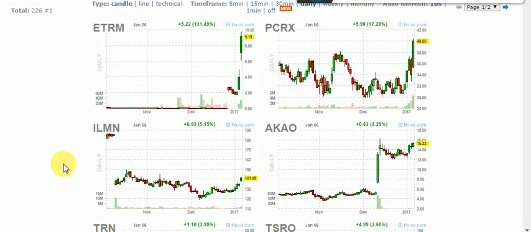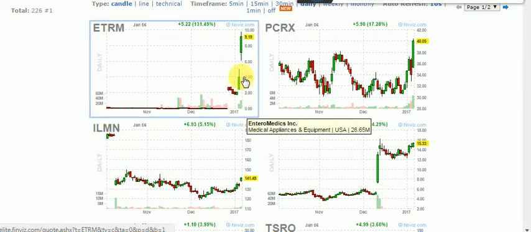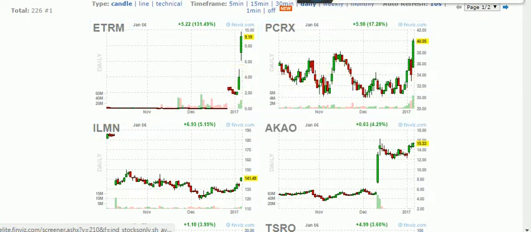So let's look at something for next week, right? This ETRM is the one which should be traded. It also gives an opportunity to actually start saving it. Let's see.